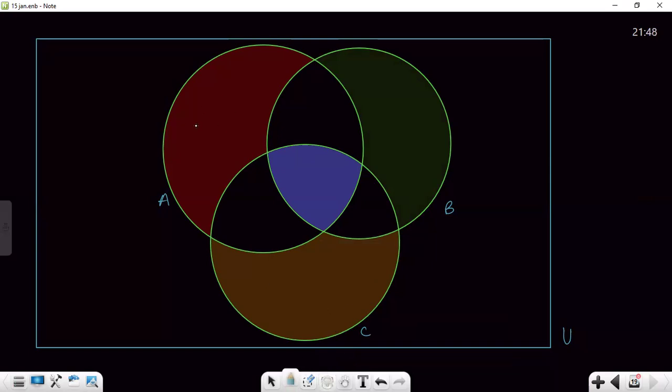So now this red part is basically the A set excluding B and excluding C set. This is the A part, of course, but we are excluding B. B is conjugate, and C is conjugate. Whatever is common with B conjugate and C conjugate with A is this red part.